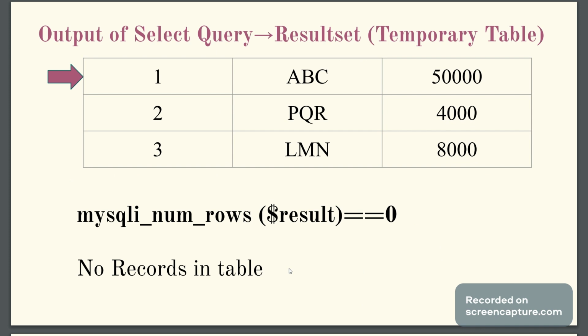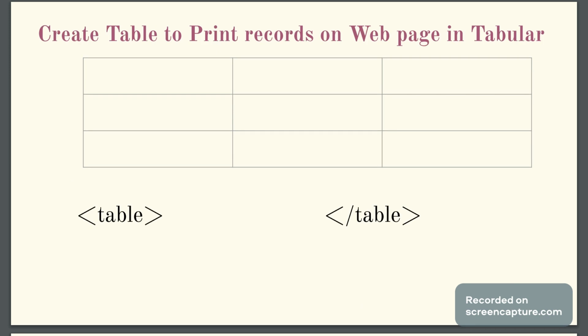But if there are multiple rows, or greater than 0 records are available, then we have to display that number of rows. So for printing that number of rows on our web page, we have to create a table to display records in a tabular format.